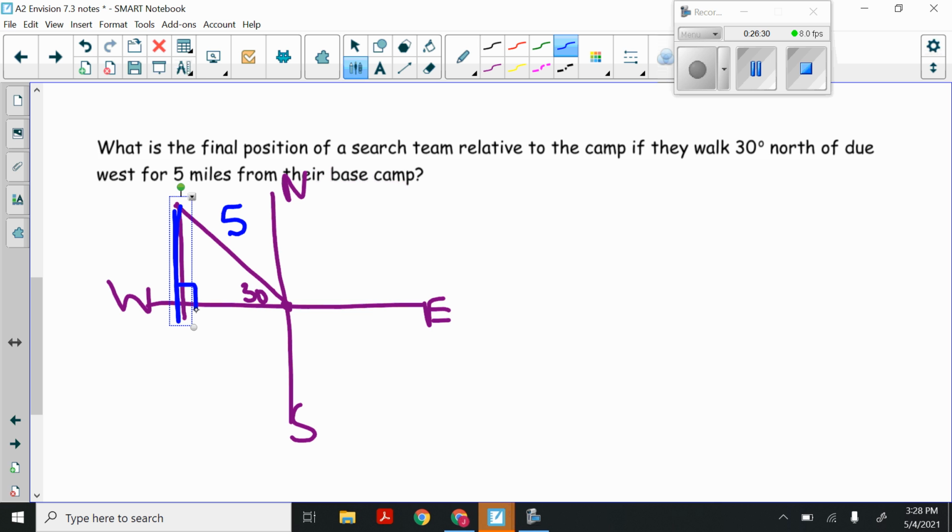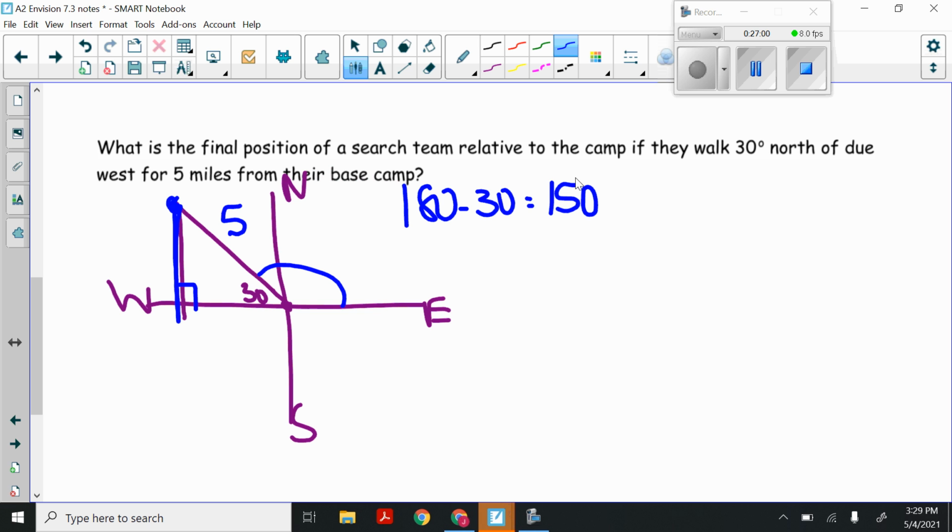Again, I have a 30, 60, 90 triangle. I can do my 30, 60, 90 shortcuts, right? Or I can look at, right, what angle would this be? So what angle would this be right here to get this point? So I'm just going to show you another way that I could do this. So 180 minus 30 puts me at 150.